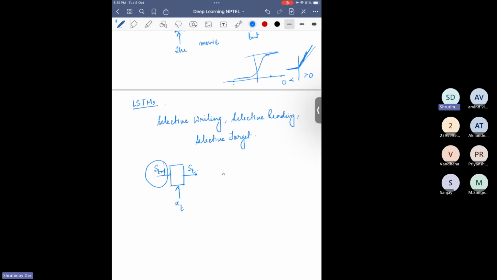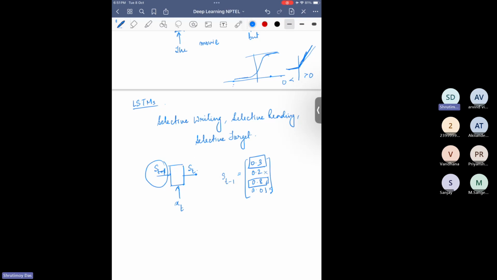Say from st minus 1 you are getting some inputs, say 0.3, 0.2, 0.8, 0.01 or something like that. And now I want to say that I only want to look at this coordinate and this coordinate, and I don't want to look at these things.